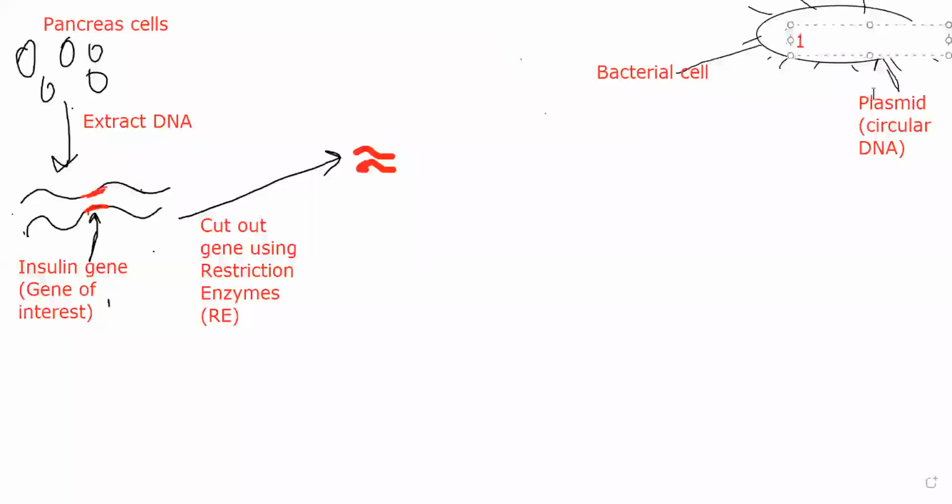This is the first one. And here you have the second one. So the first one there is the normal DNA for this bacterial cell. The second one there is a plasmid DNA.